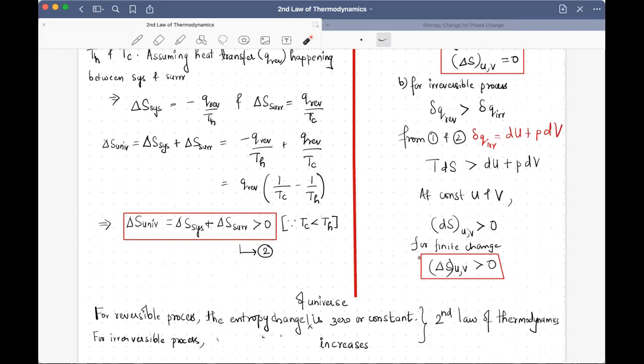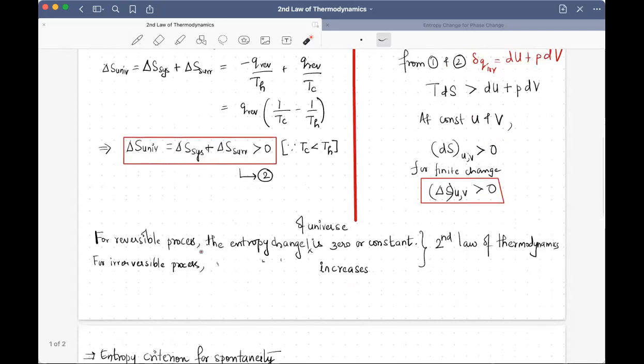So these two things you can convert into a statement. For a reversible process, the entropy change of the universe is 0, or constant, or even conserved.